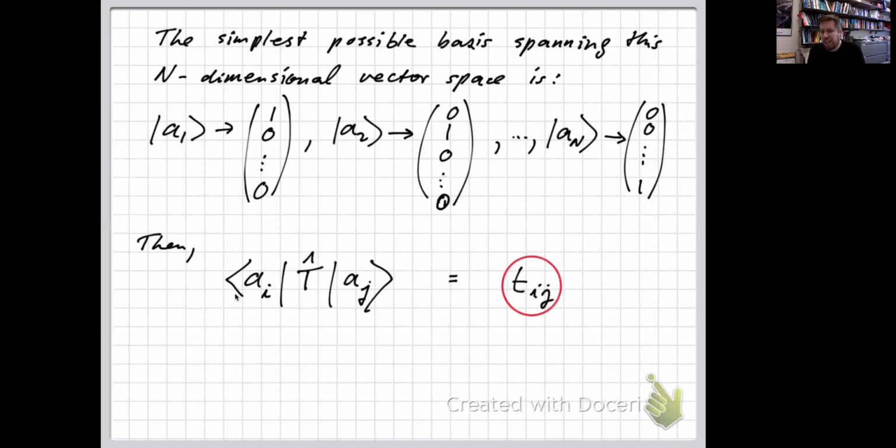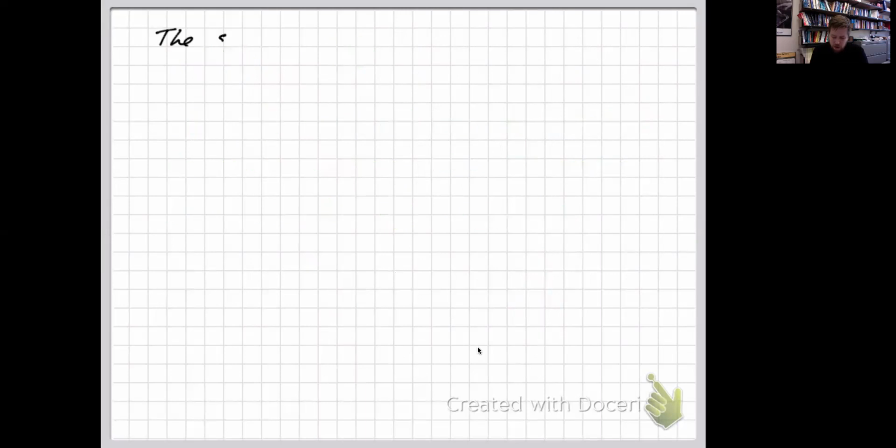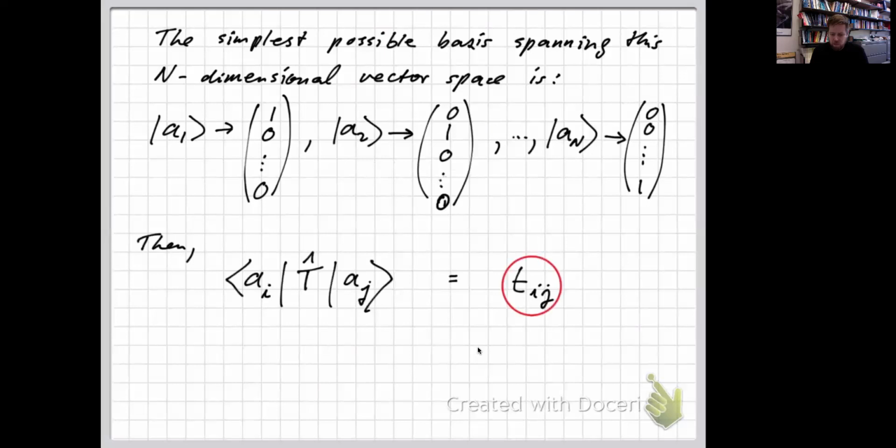You can convince yourself that this just picks out the T sub i j from before. So in this matrix, it will pick out one particular element corresponding to the ith horizontal position and the jth vertical position. That is what we get here.